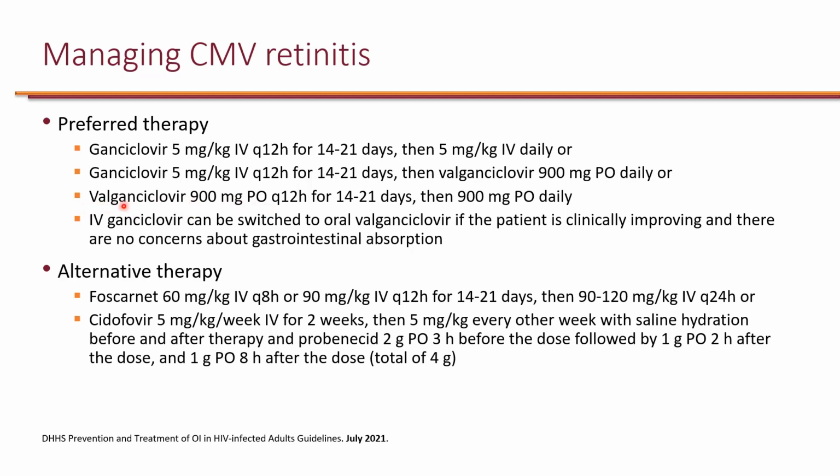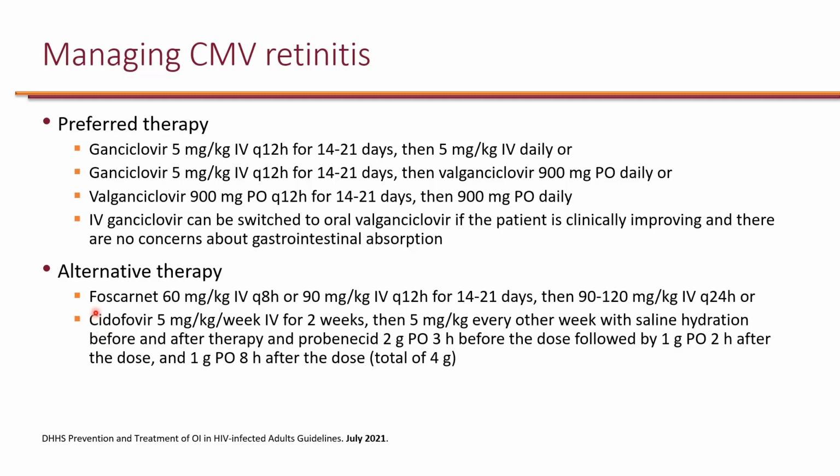So twice a day dosing of oral valganciclovir for induction therapy, and then switching to once a day dosing for maintenance therapy. And at any time, regardless of which regimen is used, IV ganciclovir can be switched to oral valganciclovir as long as the patient is clinically improving and there are no concerns about GI absorption. For example, if somebody also has CMV colitis.